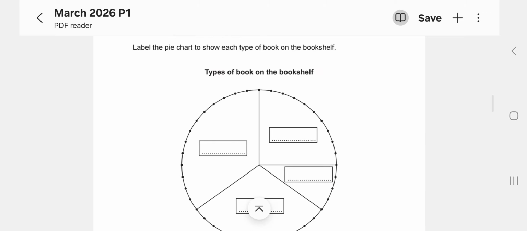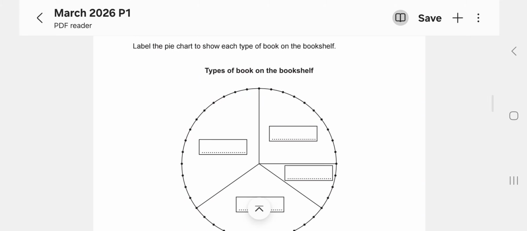Travel will be, let's count also, 1, 2, 3, 4, 5, 6, 7, 8, 9, 10, 11, 12, 13, 14. Which one is 14? Crime. So this is crime, travel, poetry, fancy. Okay.